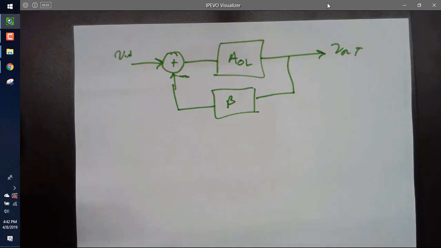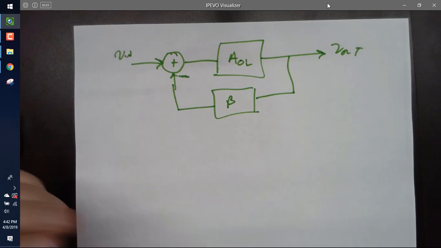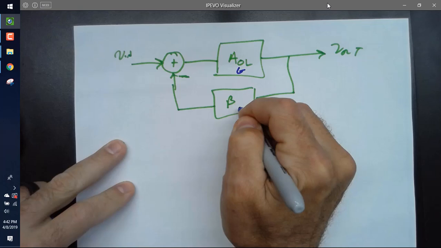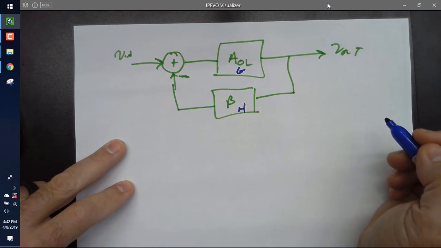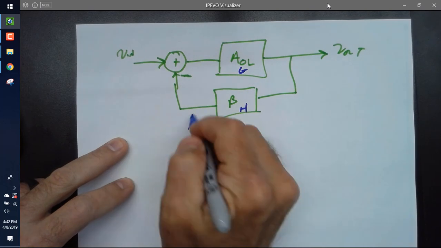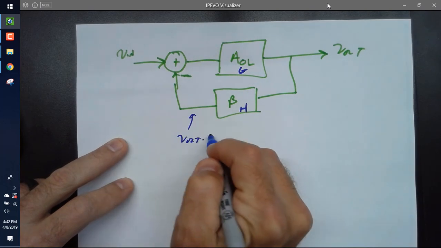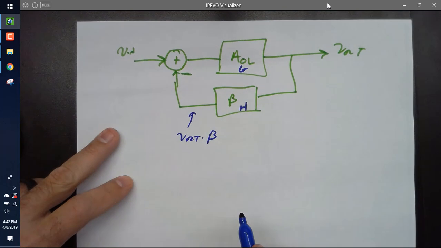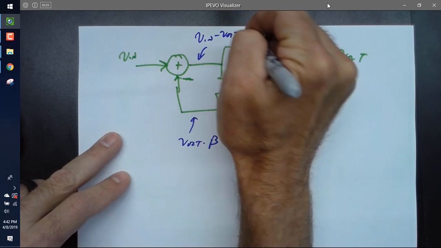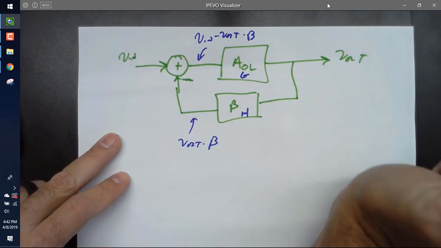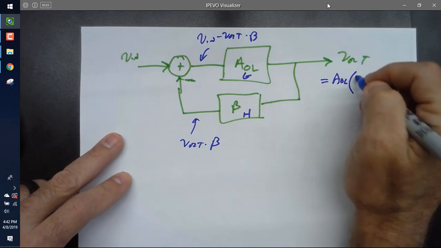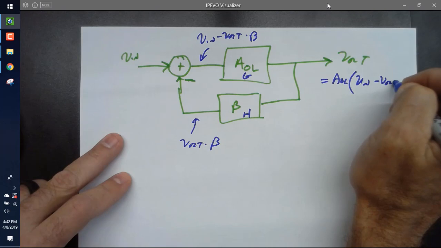Everybody would agree? And what do you call these in control? So everybody remembers in control that's G and this is H. So you would all agree that this right here is V out times beta, or V out times H. You would agree this term right here is V in minus V out times beta. And then you would agree V out is equal to AOL times V in minus V out times beta.